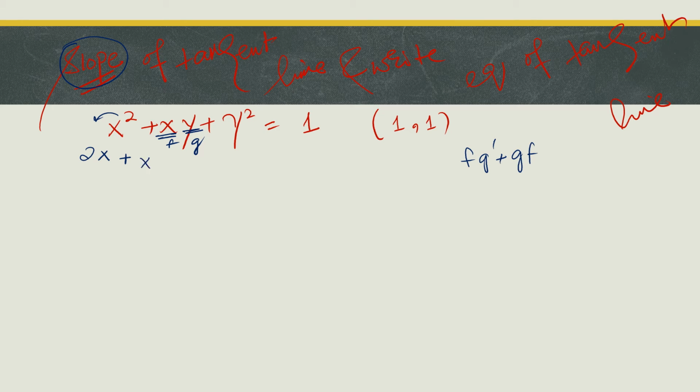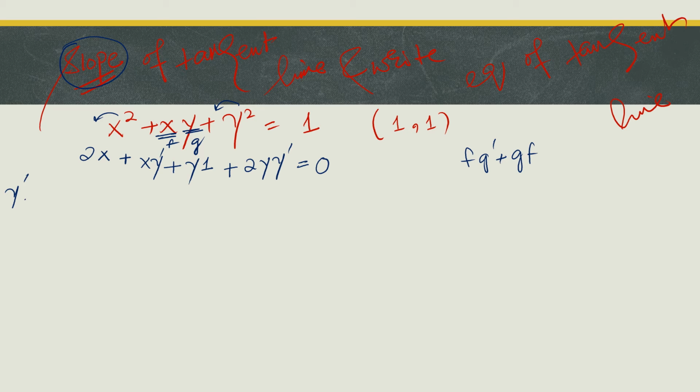So f is x, g prime is y prime, plus g is y, and f prime is 1 because the derivative of x is 1. Plus take the derivative of y squared, it means 2y y prime, equals the derivative of 1, which is 0.